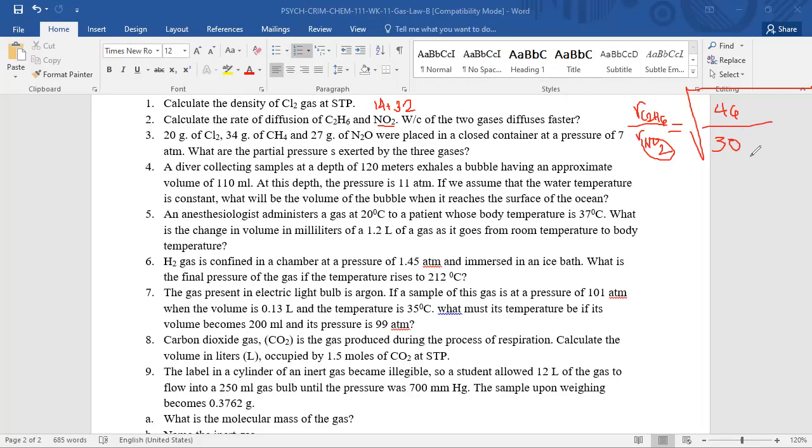The square root of 1.53 is 1.24, rounded off. Therefore, the rate of C2H6 is equal to 1.24 times the rate of NO2. So who is faster? C2H6 is faster, because its rate is 1.24 times that of NO2. Okay? That is how to answer number 2.